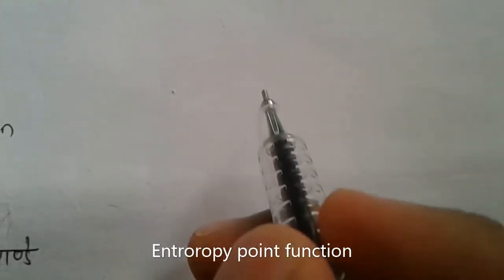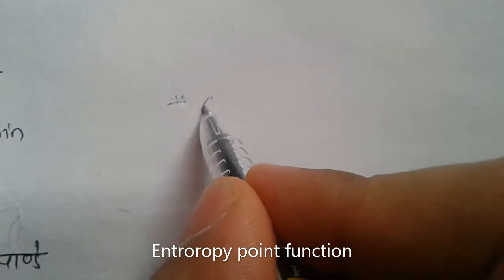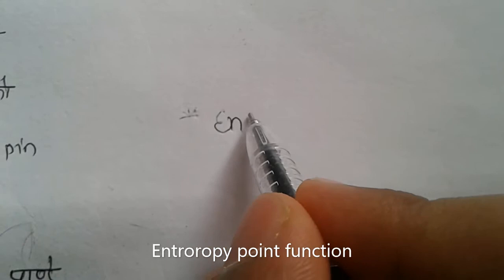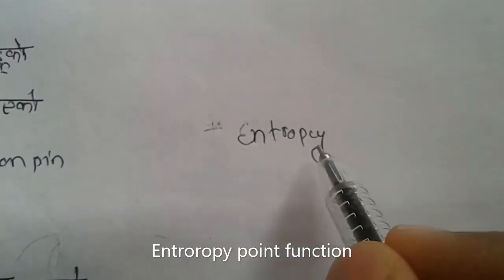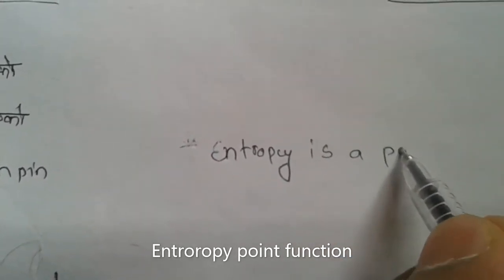Hello friend, this time we are going to learn about entropy. We know that entropy is the degree of randomness of molecules. We are going to discuss that entropy is a point function.